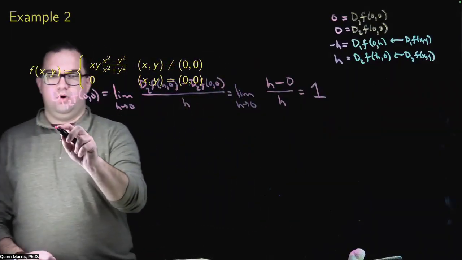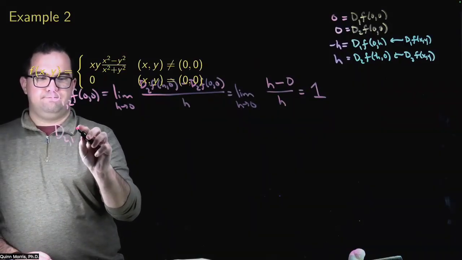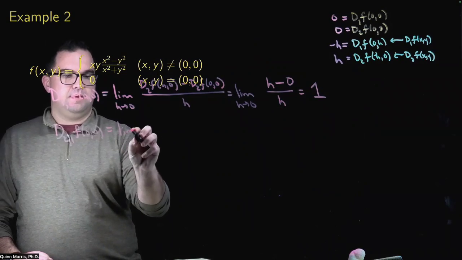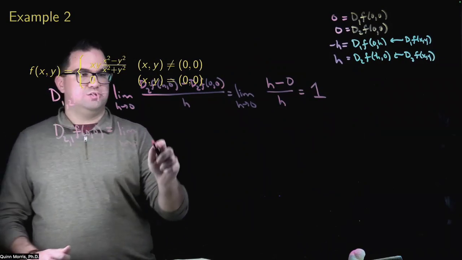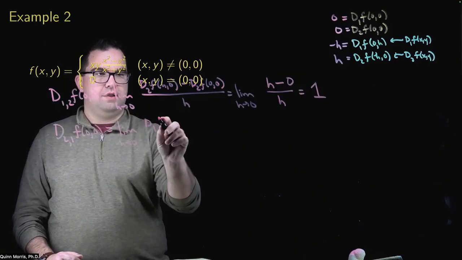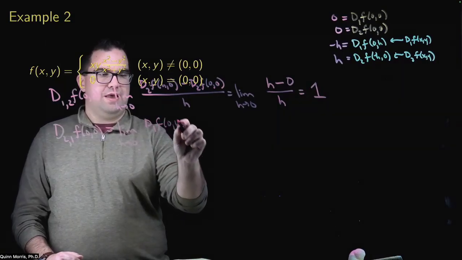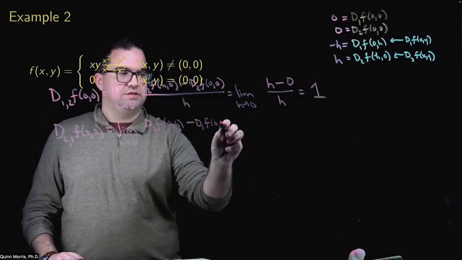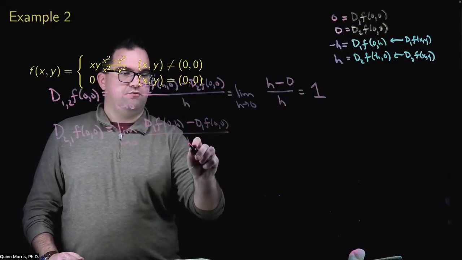What about d2,1 f of 0, 0? That's a limit as h goes to 0 of d1 f of 0, h minus d1 f of 0, 0 all over h.